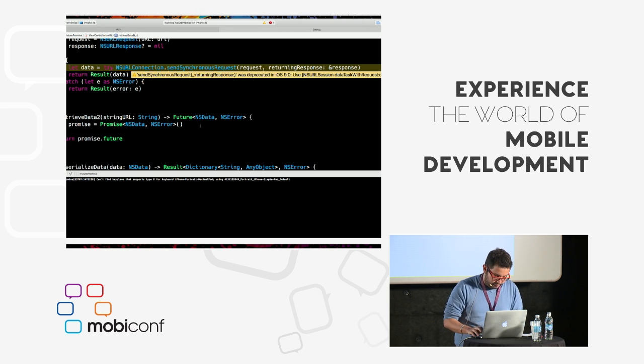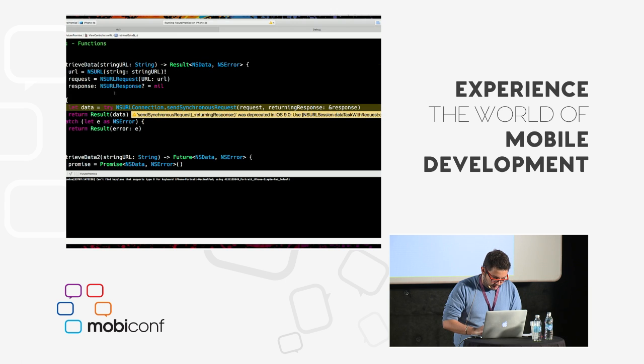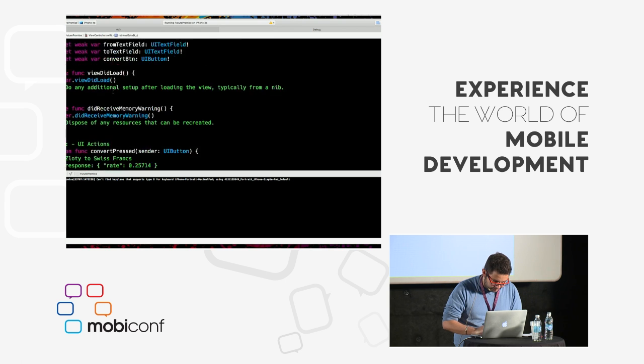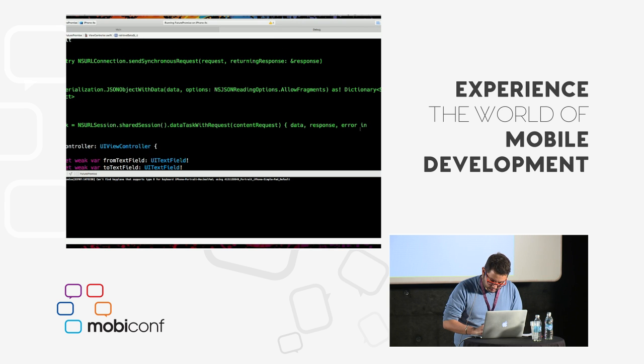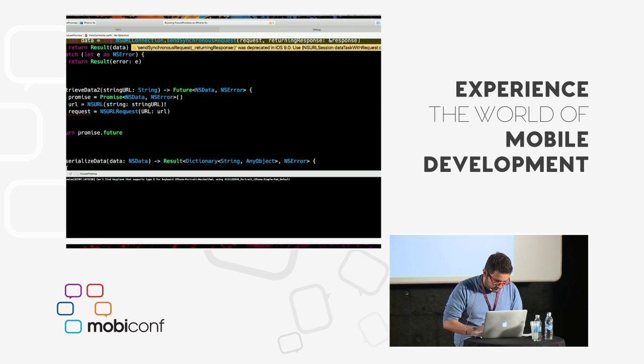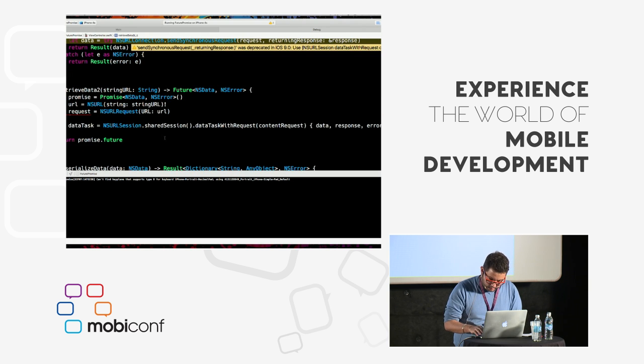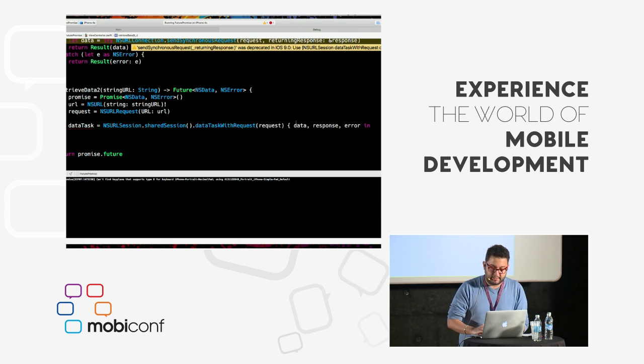And in between, what I have to do is copy this, I think. Then I have my data task, request with the block. And here we have data, response, and error that are actually all optionals.